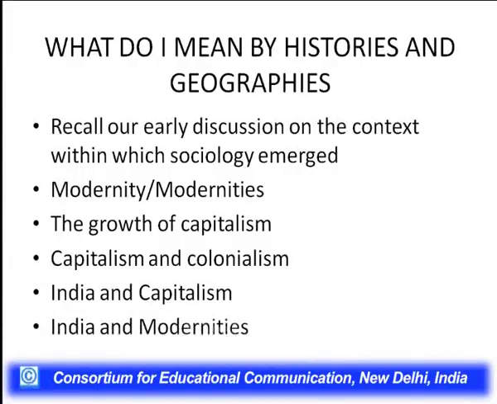Central here you can see my emphasis on modernities, capitalism, and colonialism. What I am trying to argue here is that when the West modernized, it modernized in a context of growing capitalism, and that in turn impacted us, because British capitalism would not have been so successful had Britain not colonized us.